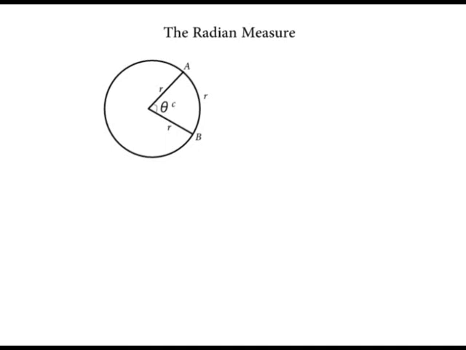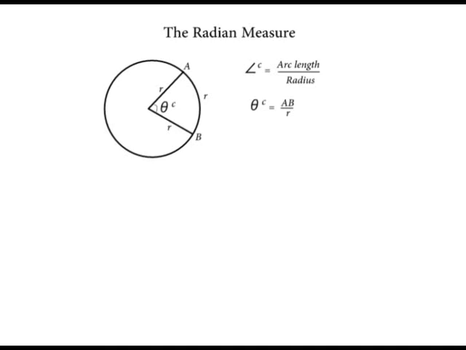The size of an angle in radian is the ratio of the arc length to the radius of the circle. And thus, angle in radians is equal to arc length over radius. And so if an arc AB subtends an angle theta at the center of a circle of radius r, then angle theta is equal to AB over r radians.